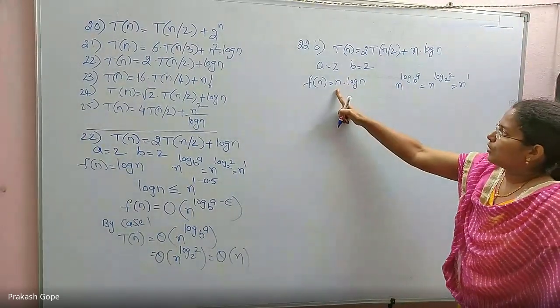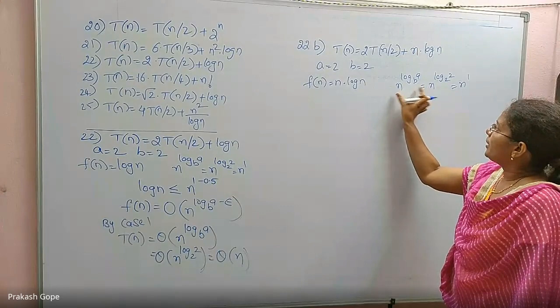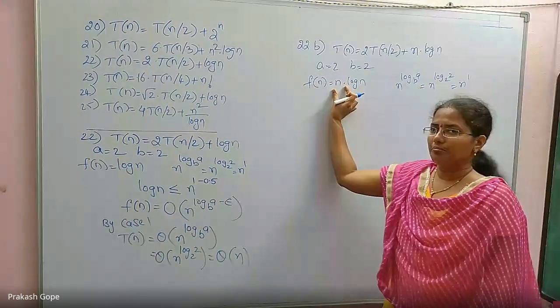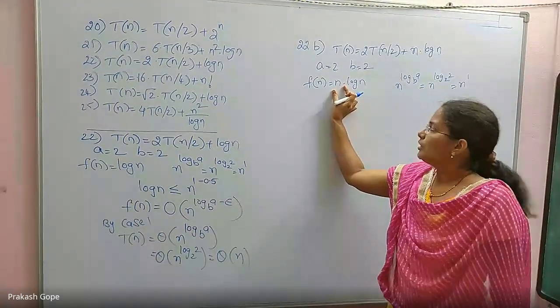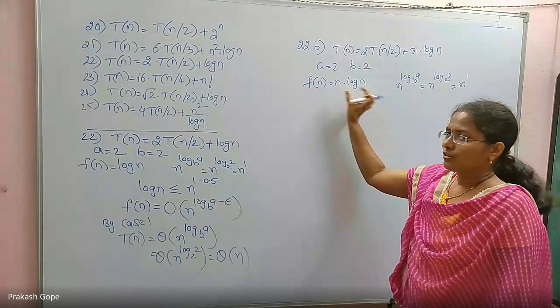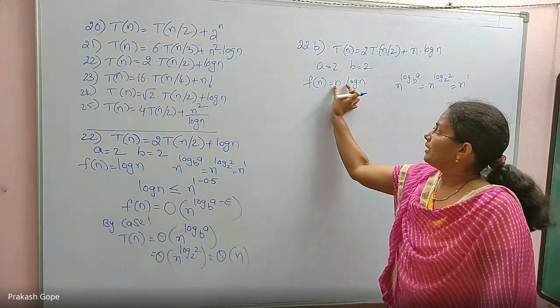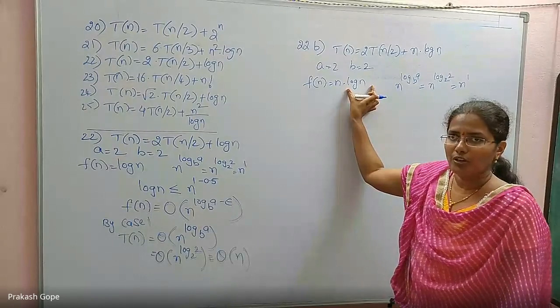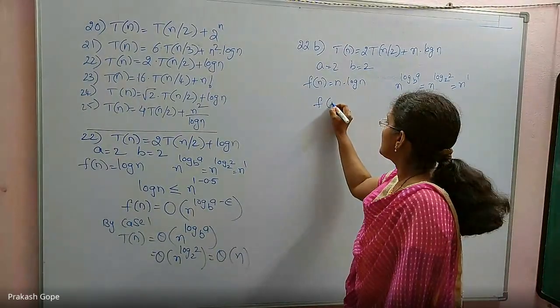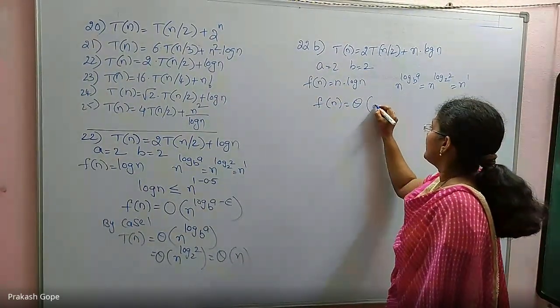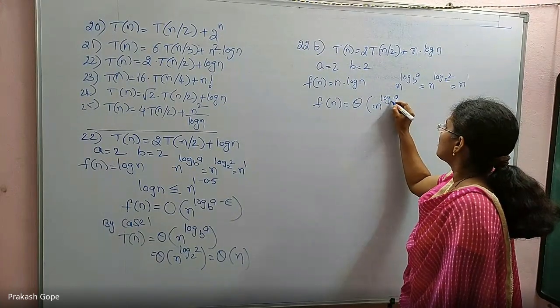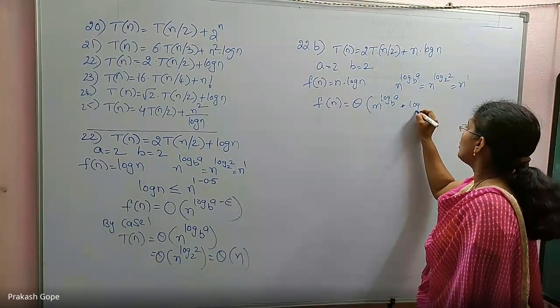So your f of n is in the format of n power log a to the base b into log n whole power k.